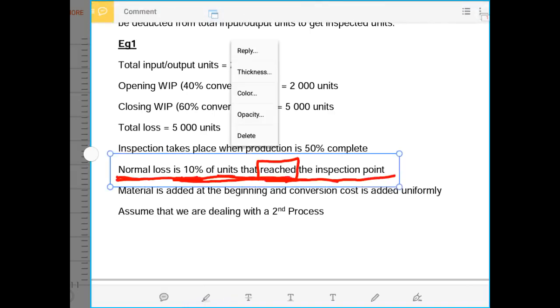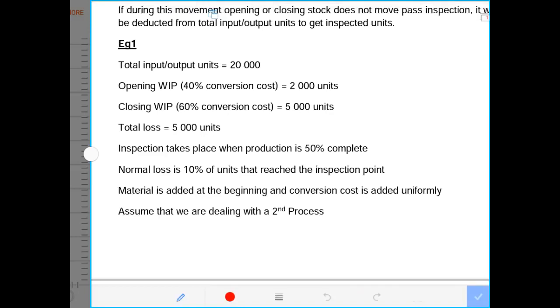Then after it says material is added at the beginning and conversion cost is added uniformly. That means when we start production, all the ingredients in terms of material that are needed for this product are all added at the beginning of the process.